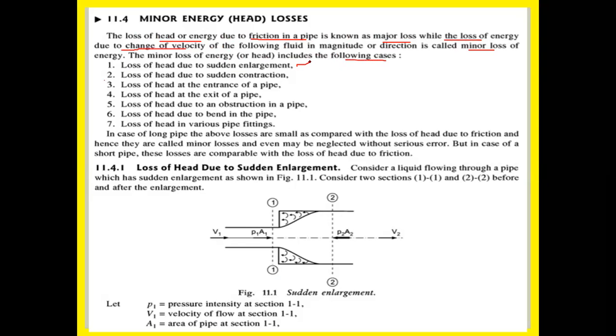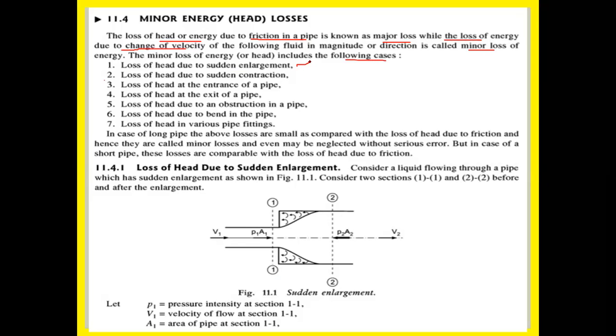Whenever the fluid is flowing constantly with some velocity in a pipe, and the fluid takes a high magnitude change in the velocity suddenly with the enlargement of the pipe, either decrease or increase of the velocity by the sudden enlargement of the pipe, thereby the minor losses will occur. That is the first case.